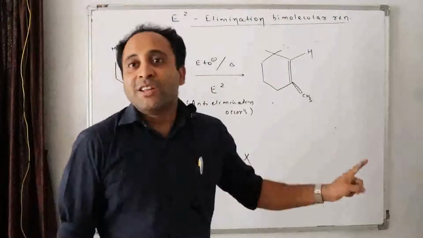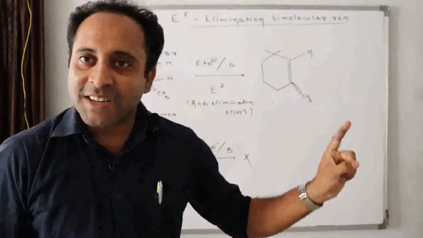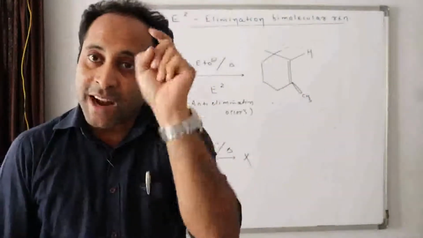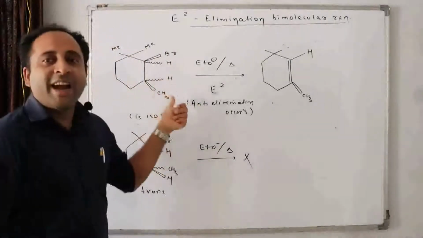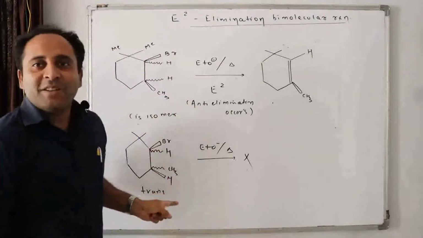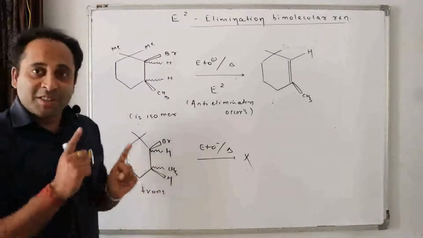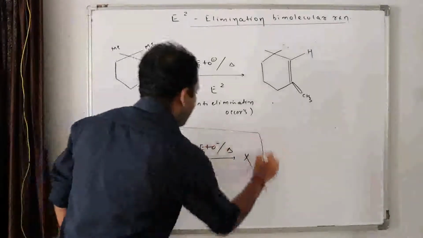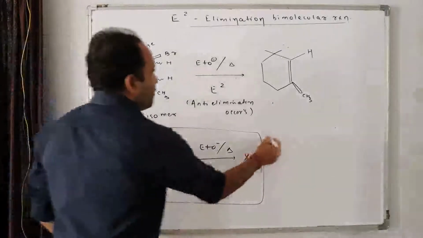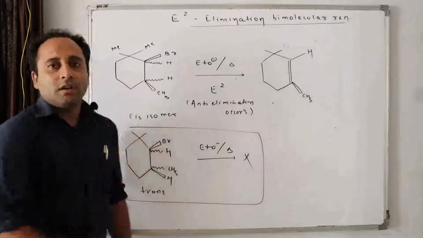This is stereospecificity. You understand? It will only target that particular isomer which can give anti-periplanar structures. It will not target this isomer. This phenomenon is called stereospecificity. So the reaction will not occur here.